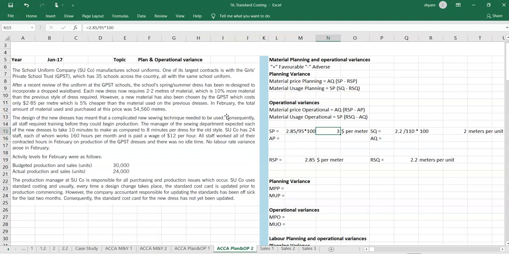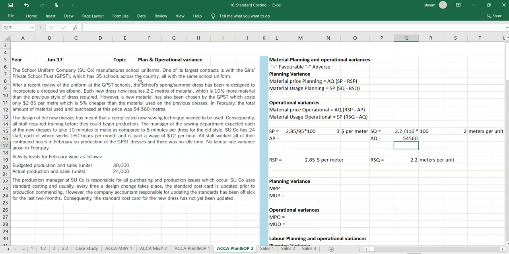The numbers are hidden here, that's a problem. In February, the total amount of materials used and purchased at this price was 54,560. So that is the AQ, right? So AQ is 54,560 meters.